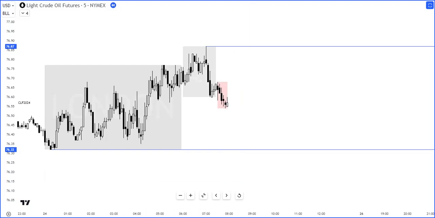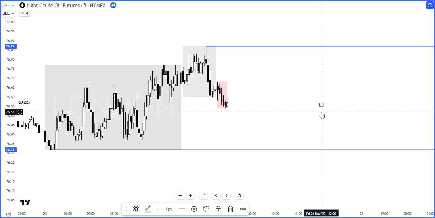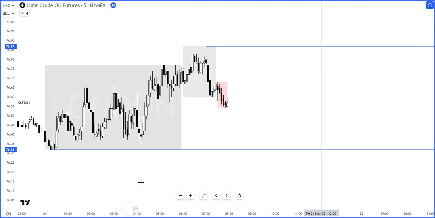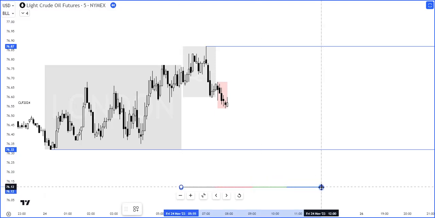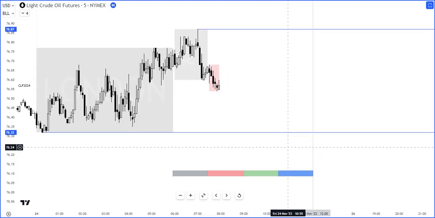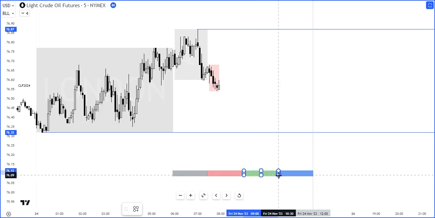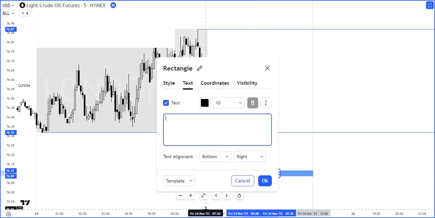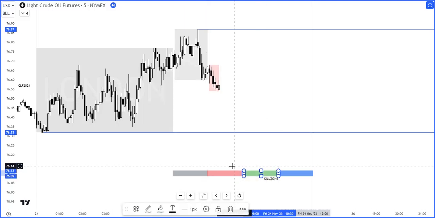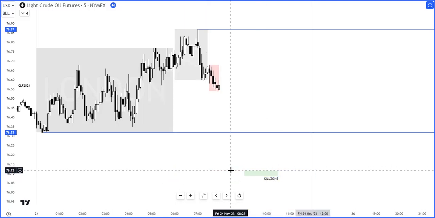Let's even add in our quarterly divisions. So this is our dealing range, and then Q3 is our kill zone. Okay, perfect.